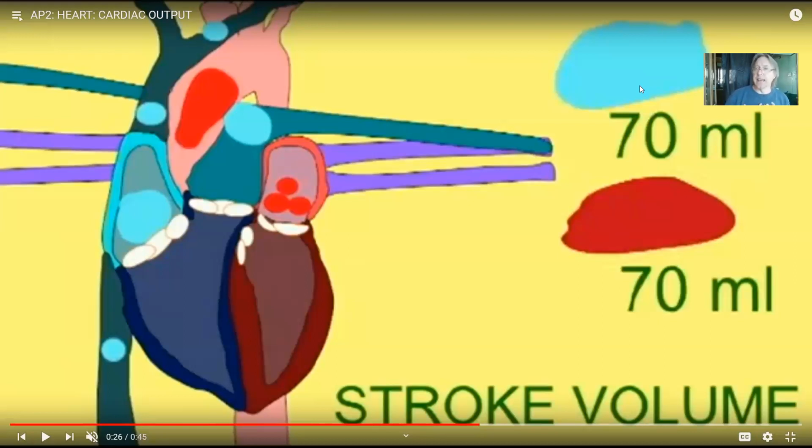The lungs get as much blood as the rest of the body combined. So when we talk about the blood supply in the lung, once again, it's significant. The lungs are getting 70 milliliters of blood per heartbeat, which is the same amount as the rest of the body combined.